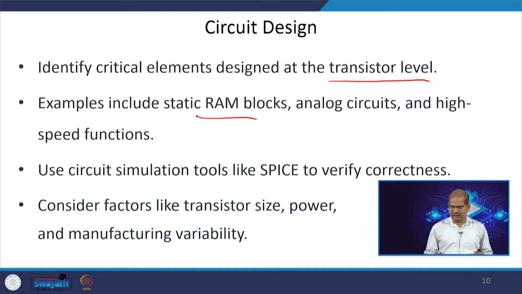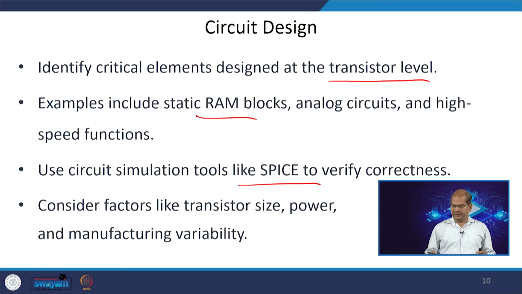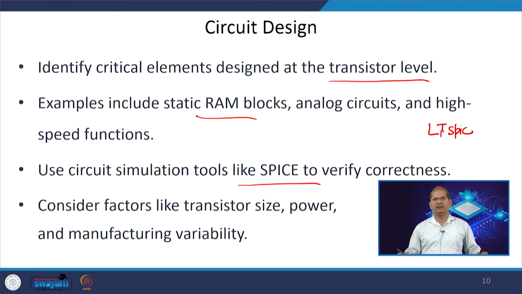Then we need to simulate that to verify whether it is really working as I intended, whether it is meeting my speed or not. So, let us say if your design is smaller, you can do a SPICE level simulation, using LTspice you can do that. Or you can use a logic simulator to do logic level simulation, because you have a gate level netlist, to verify whether the functionality is working properly.